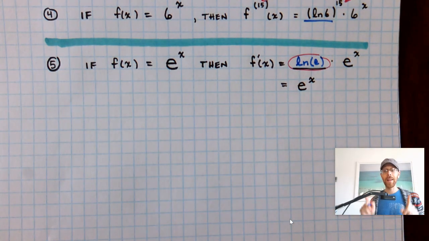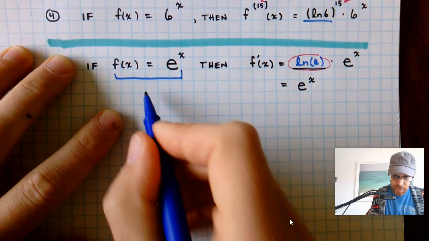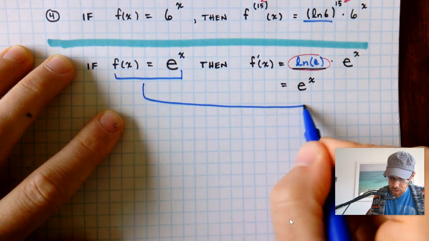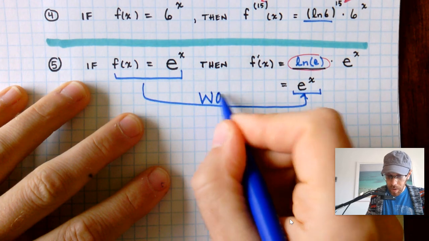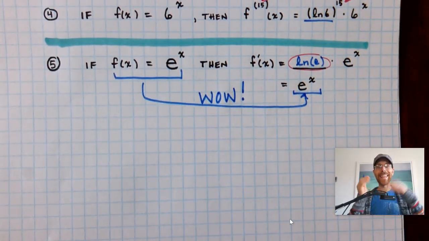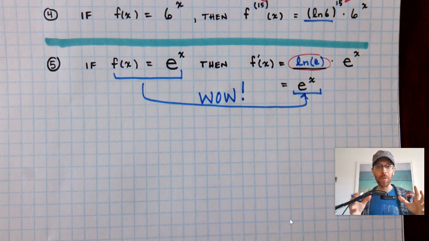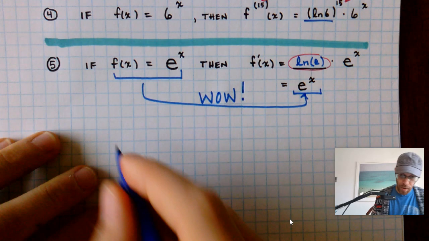So look at this. This only happens once. The derivative of e to the x is just e to the x. Or in other words, the derivative of e to the x is itself. Its rate is equal to its value.